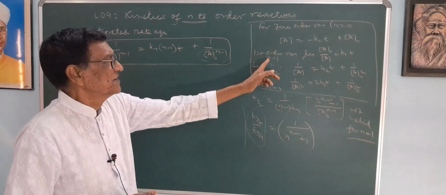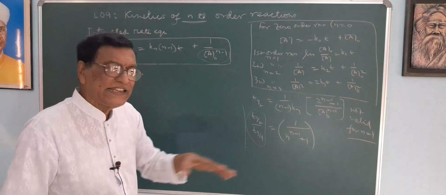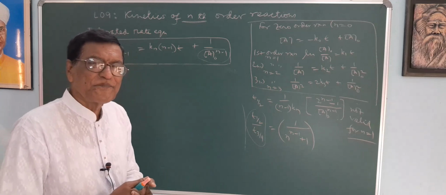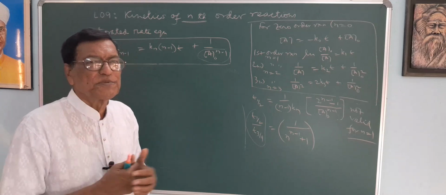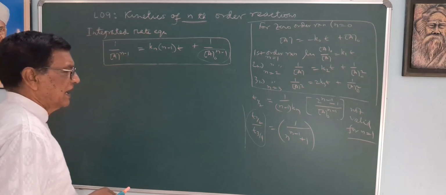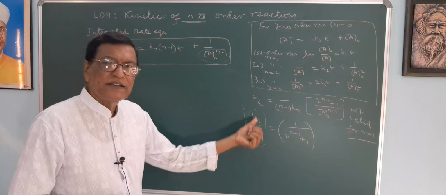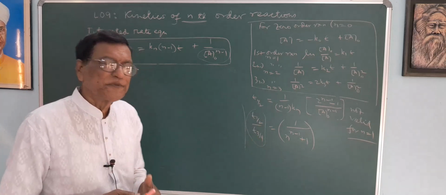So for 0 order, first order, second order, third order, in every case it is equally possible. Then the next question is how could you find out this half-life period and 3/4 period?